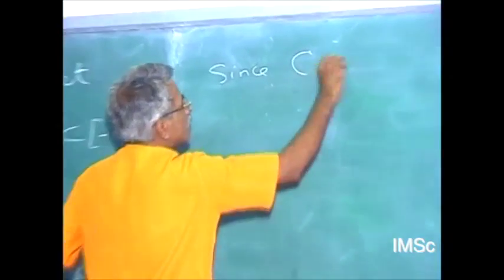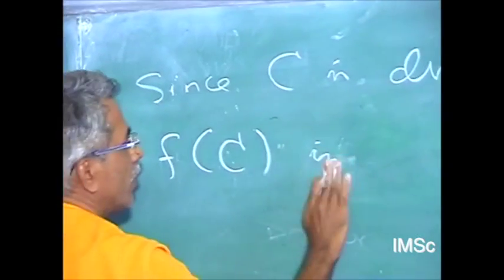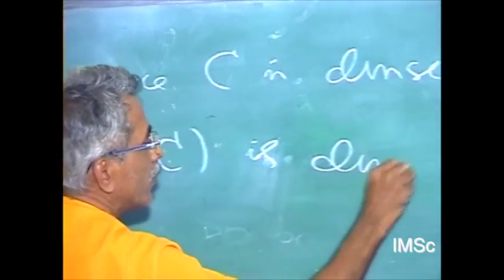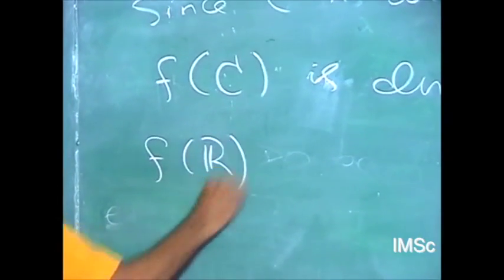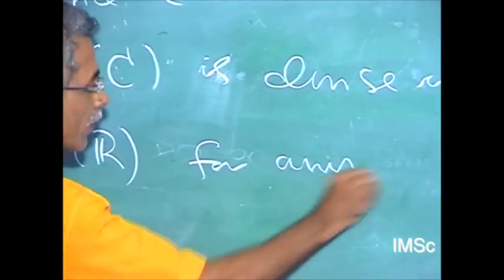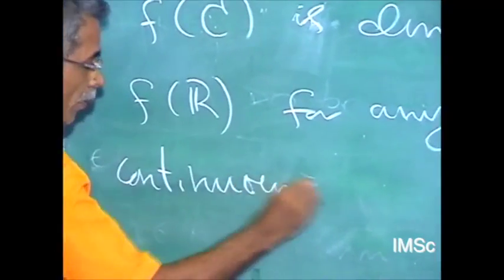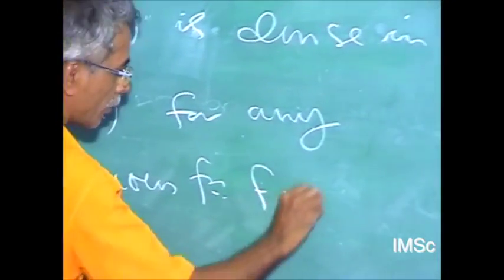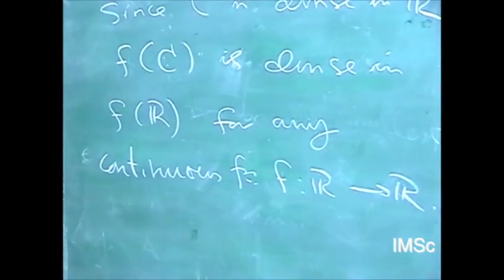Since C is dense in R, f of C is dense in f of R, for any continuous function f from R to R, in the place of a real sine.